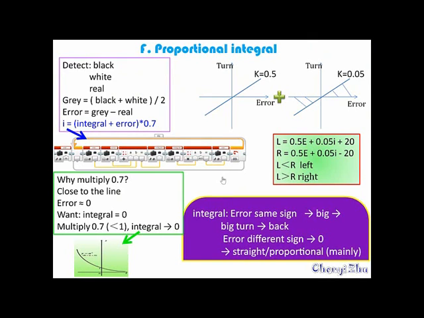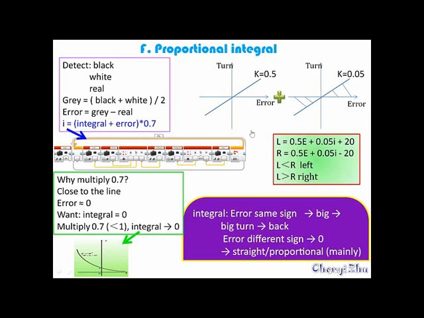This is because when the robot is close to the line, the error is about 0, but the integral may not be 0. To make it close to 0, we multiply it by 0.7, which is less than 1. So it's just like the exponential function, it will be close to 0.